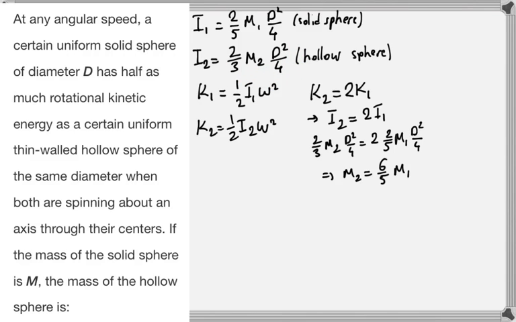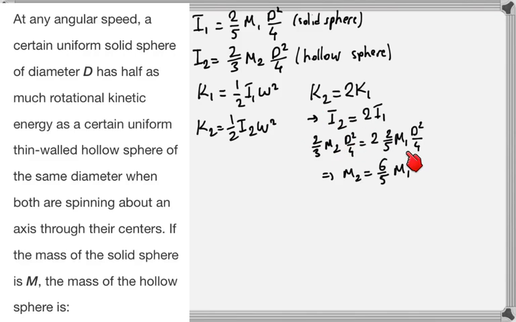It says the kinetic energy of the hollow sphere is twice that of the solid sphere. By comparing these two kinetic energies, 1/2 I1 omega squared and 1/2 I2 omega squared, where it says their angular velocity is the same, you put the same omega for both rotational kinetic energies and just compare these quantities.